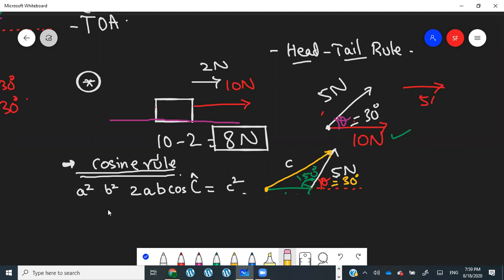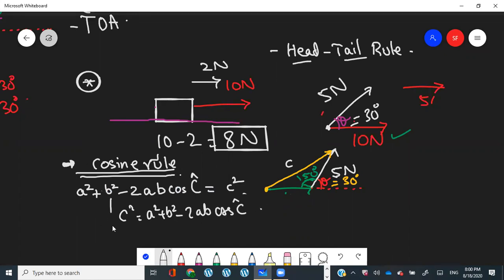There's been a shifting of the signs. This is a squared plus b squared minus 2ab. Now if you plug these values in, it's gonna give you the correct answer. Please fix this cosine rule: c squared equals a squared plus b squared minus 2ab cos of angle c. Yeah, that's the rule.